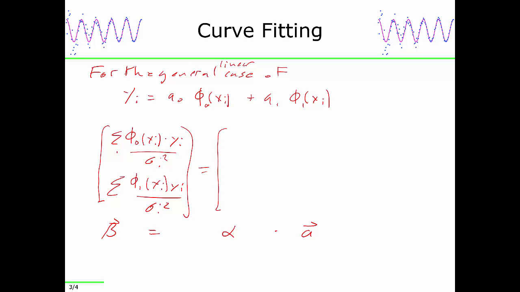And what does alpha look like? I'm going to run out of room, but that's okay. Actually, row column, this will be the 0, this should be 1, and this should be 0.